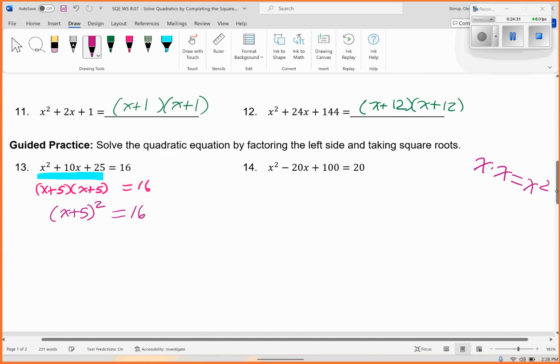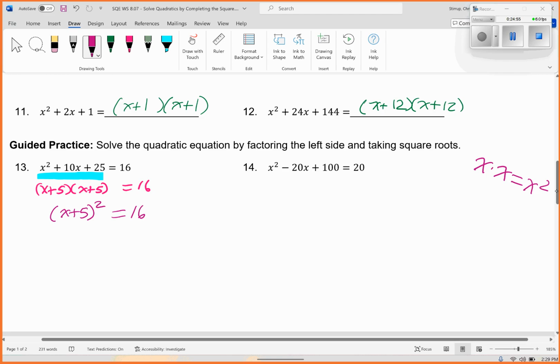You all feel comfortable that x plus 5 is this? Half of that squared, it works, it's a perfect square, x plus 5, x plus 5. You told me that x times x is x squared, so 2 identical quantities multiplied together is that quantity squared. Good? What's this ready for?